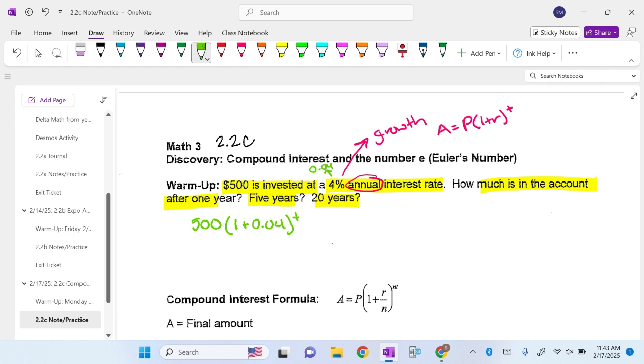Now, it wants us to find out how much we have after 1 year, 5 years, and 20 years. So you may want a calculator for this, because all we're going to do is plug in 1, 5, and 20 for t and see what we get.